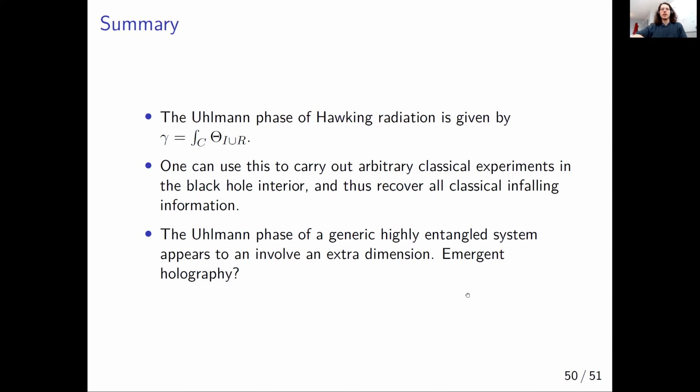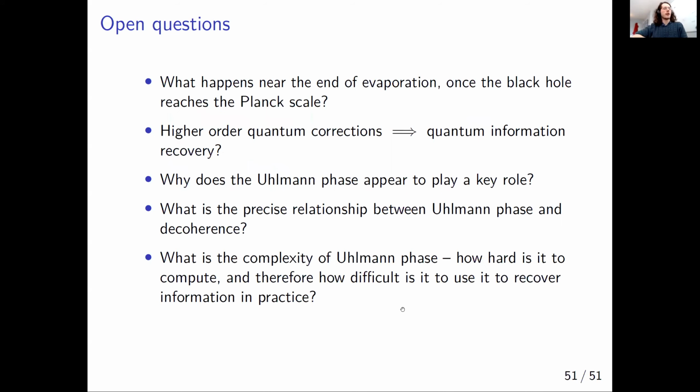And then in the last part, I derived a path integral formula for the Almond phase of a generic highly entangled system. And I explained how it appeared to involve an extra dimension in the classical limit. So here are some open questions on these topics that it might be interesting to explore. Thanks for listening. If there are any questions, I'd be keen to hear.